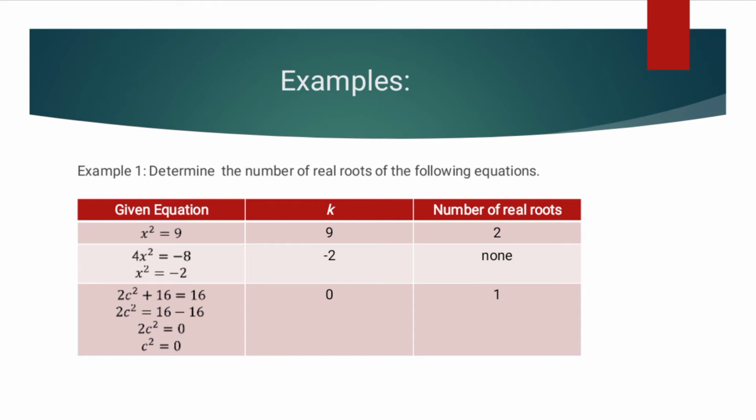So 2c squared equals 0. Dividing both sides by 2, the result is c squared equals 0. Now, the value of k is 0. So, since k is 0, we only have one real root.